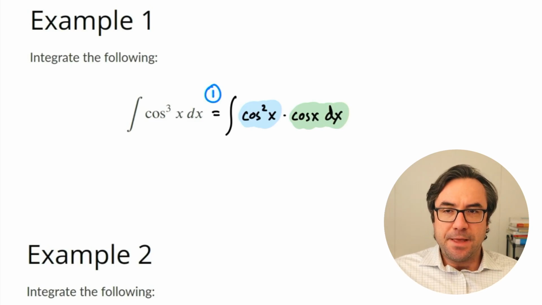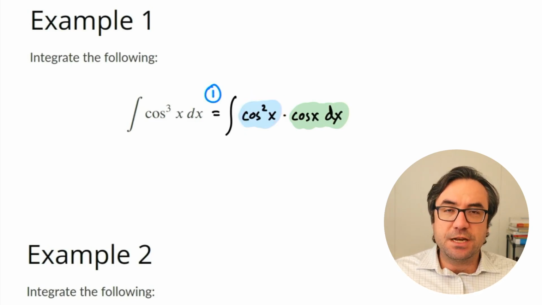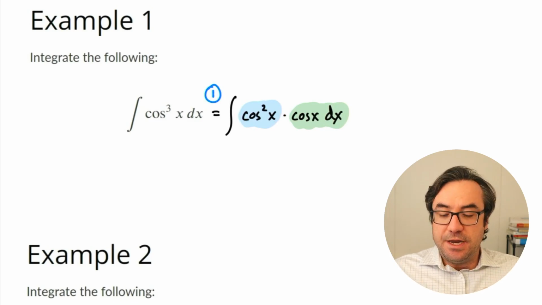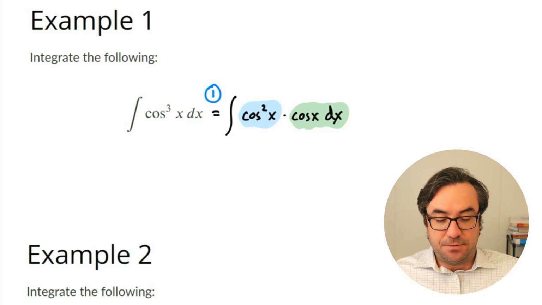Step 2 is all this other stuff, this cosine squared here, we want to convert into sine. We want to convert into the opposite trig function.